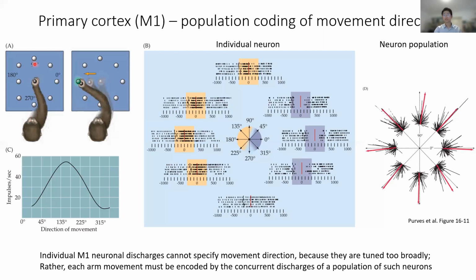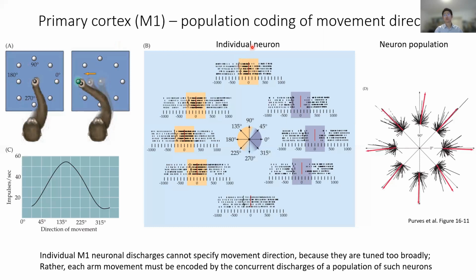In this experiment, monkeys were asked to make reaching movements. The monkey is grasping a joystick and moving toward targets in different angles, 0, 90, 180, and 270. Actually, there are 8 directions.